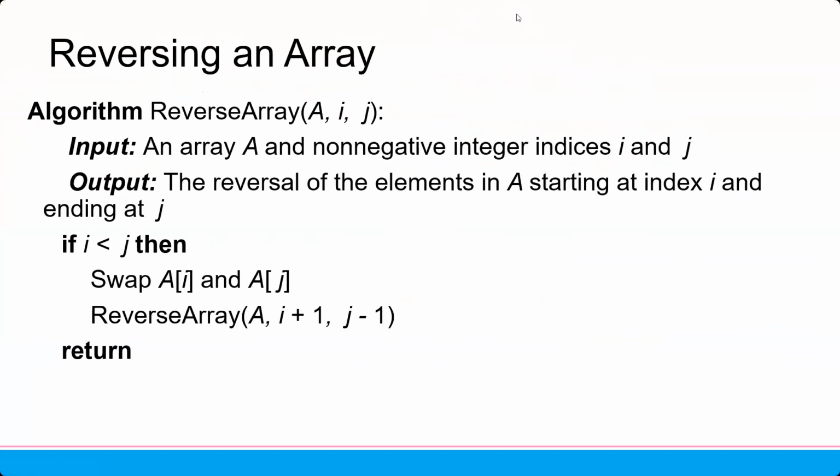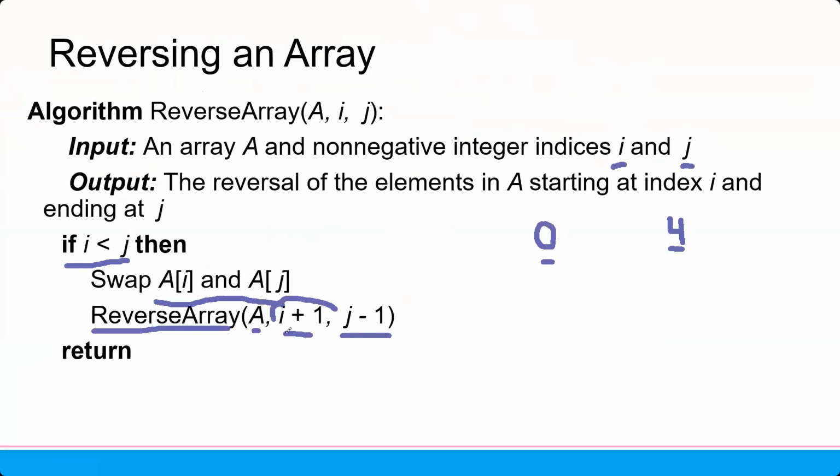So we can make the algorithm. If I is less than j, then swap A[i] and A[j]. Then reverse array A, I plus 1 and j minus 1. It means I starts from 0 and j is the last index, 4. If I, which is 0, is less than j, which is 4, then swap.